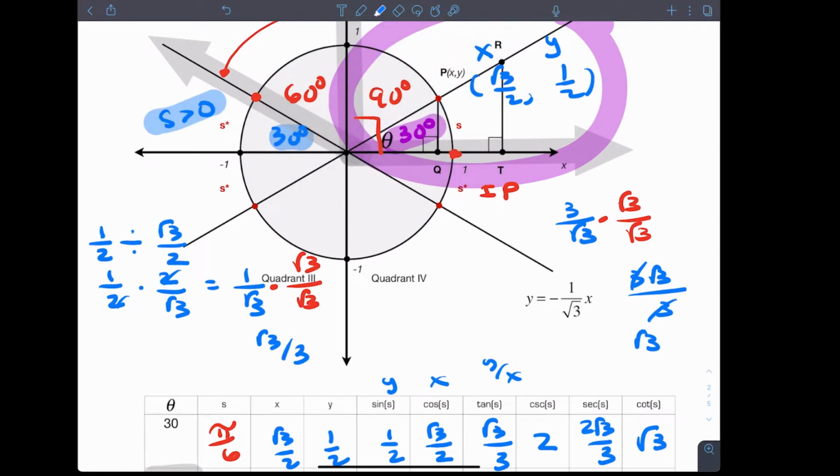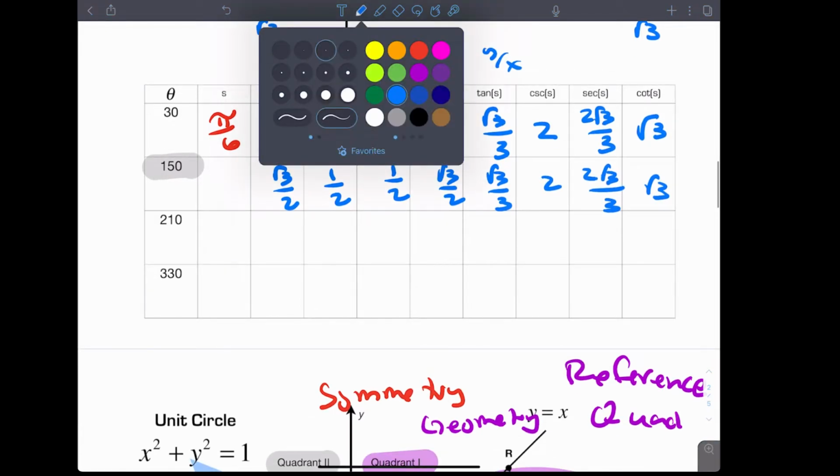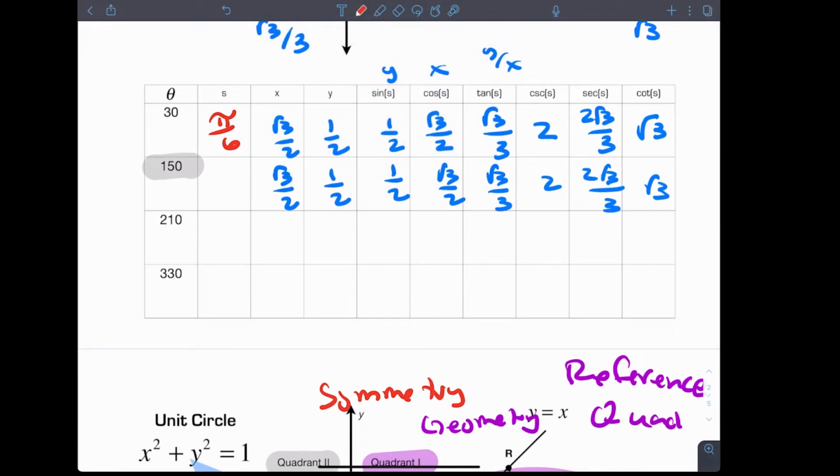Only sine's positive. Well, sine and cosecant. The others are what? So go through this and say, oh, okay. Only sine's positive. Negative. Negative. Cosecant, nope. Negative, and what? Negative, right? And yes, we have to do x as well.